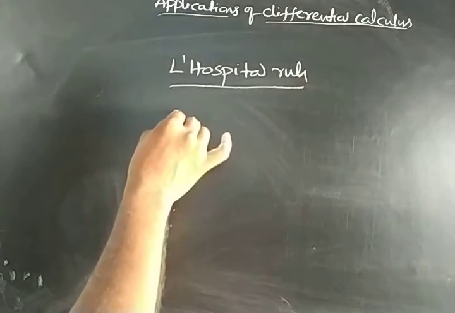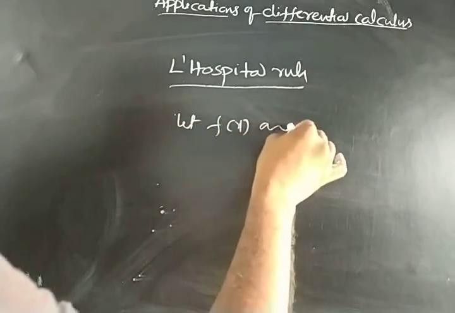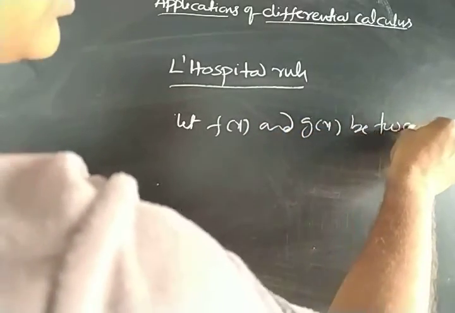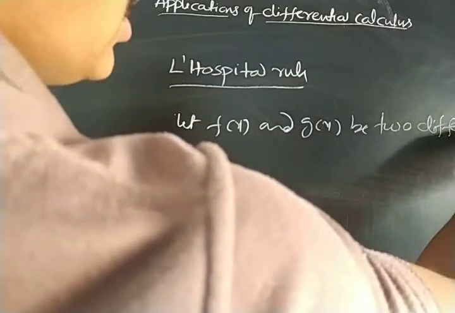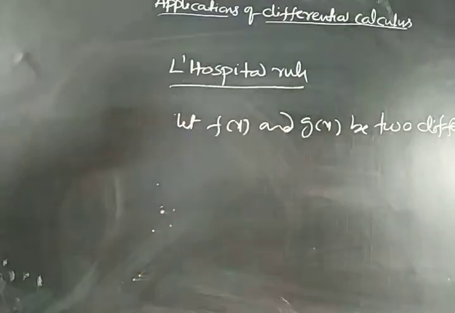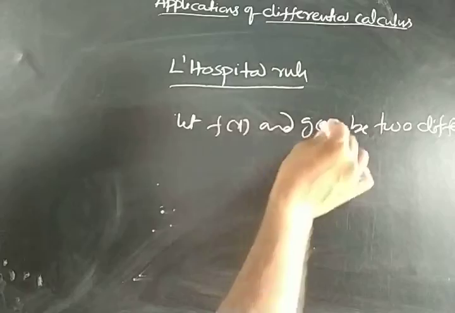Let f of x and g of x be two differentiable functions. Differentiable function means differentiation is possible for f of x and g of x, that is, the derivative exists at every point.